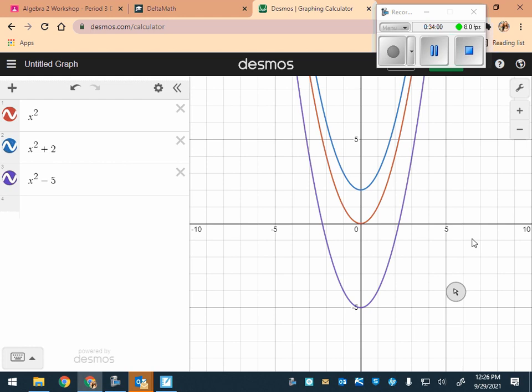Okay? So Desmos, if you went through and typed a bunch of different graphs, and I saw a bunch of different graphs as I was walking around before, it shows you how the shapes change. You always want to refer back to the parent function, which is x squared, and what changes against that. Okay? So you can put your Chromebooks down or put the tops down. You don't need them.